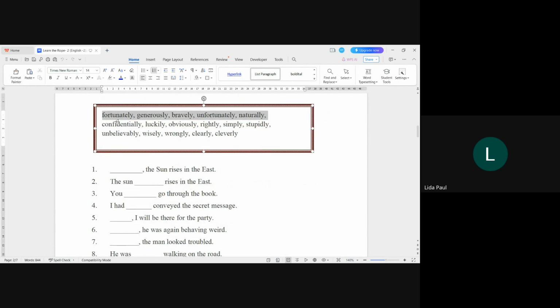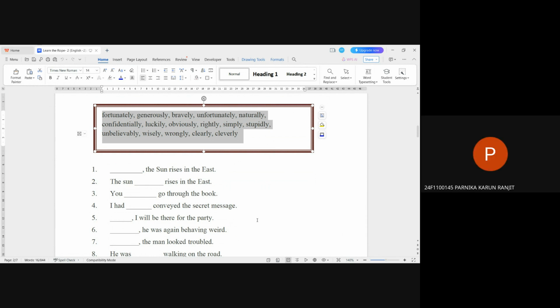I'll just copy this one and paste it in your chat box so that once I scroll this, you can still give me the answers, because these are the options. Okay, I pasted it in the chat. You can access it from there.